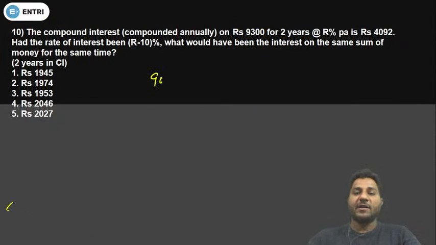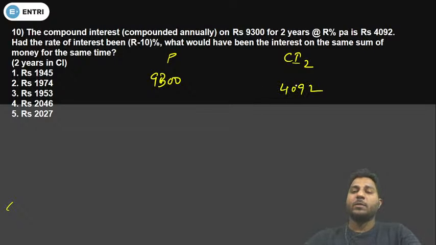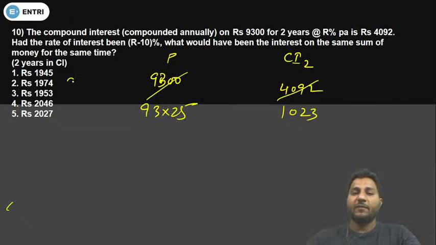So 9300 was the principal, and the compound interest after 2 years will become 4092. Now we will solve it: 1023 and 93 into 25, because we have distributed them as 93 into 100.